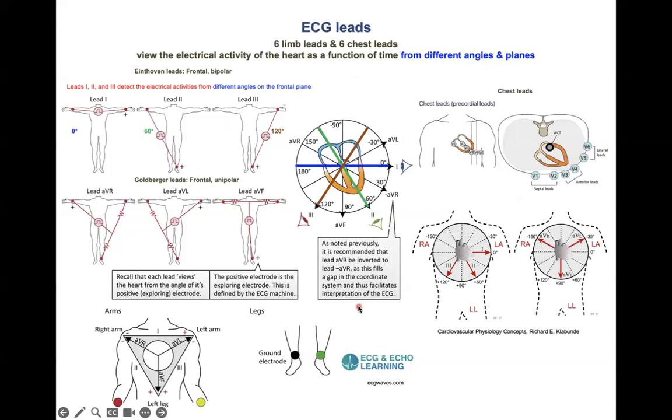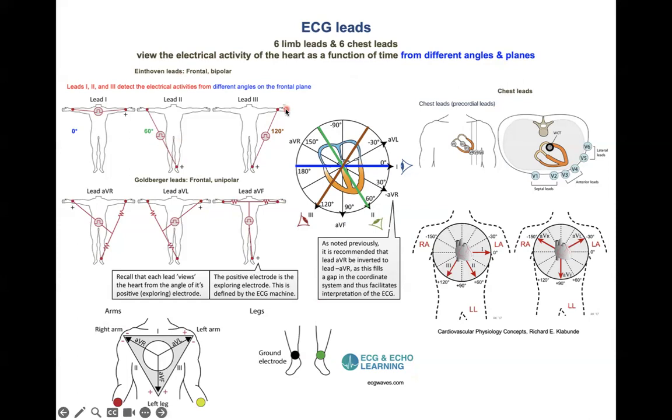Now we start to discuss the details. We start with leads 1, 2, and 3 according to Einthoven. In lead 1, the negative electrode is placed on the right arm, the positive electrode on the left arm. In lead 2, the negative electrode on the right arm, the positive electrode on the left foot.